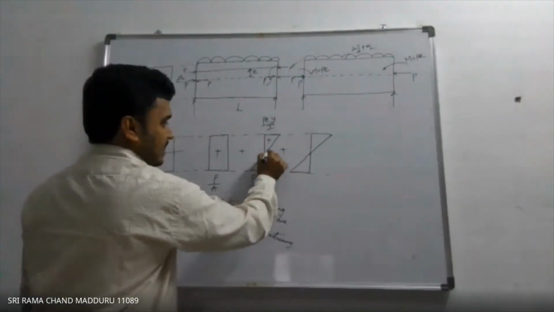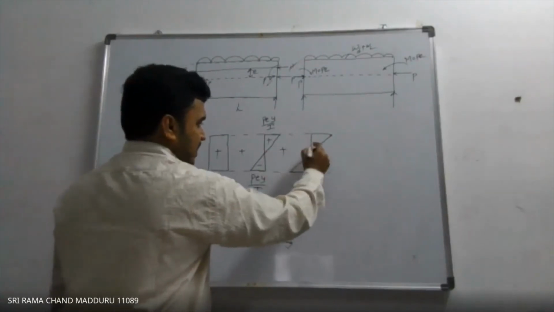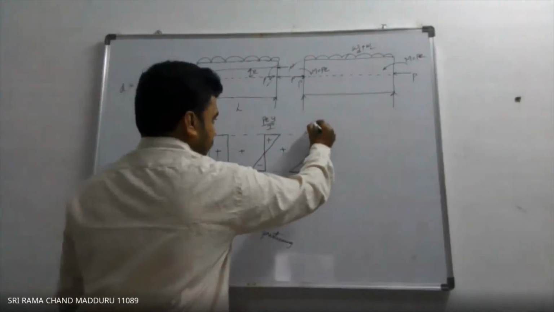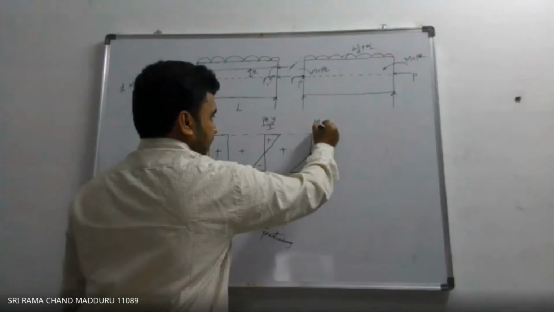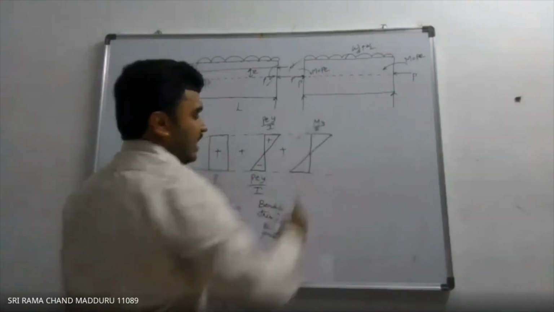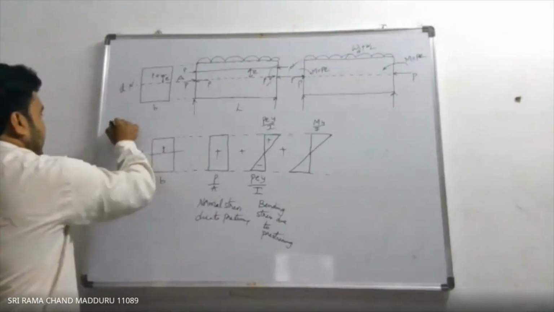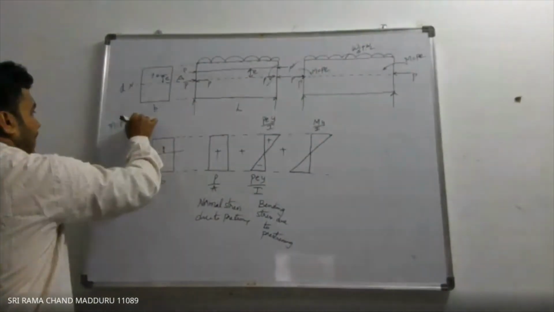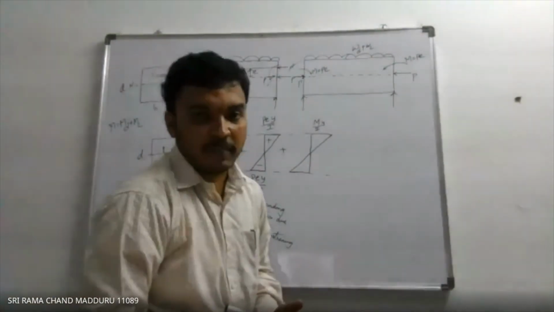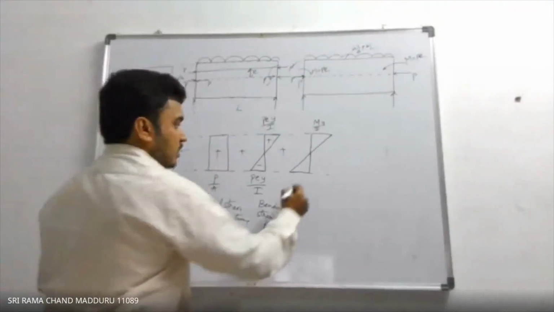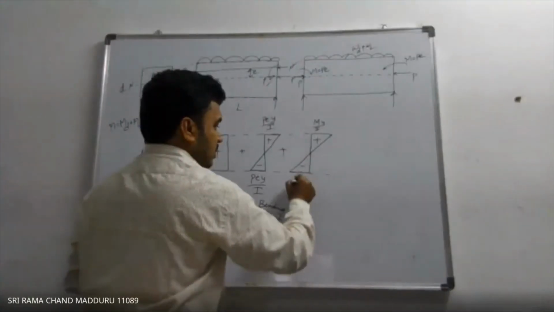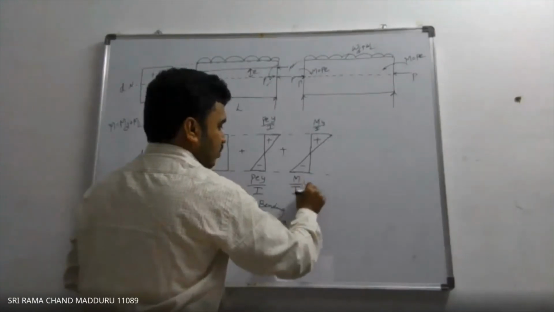At the neutral axis, the fiber stress should be 0. So this will be M by I into Y, where M is MD plus ML, dead load bending moment plus live load bending moment. This is negative, this is positive, M by I into Y.